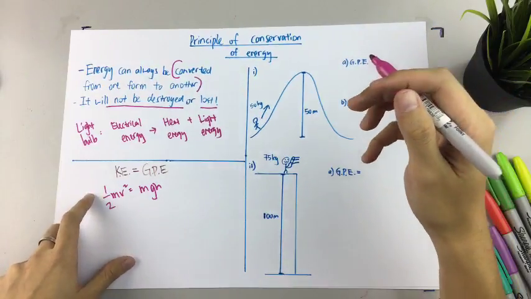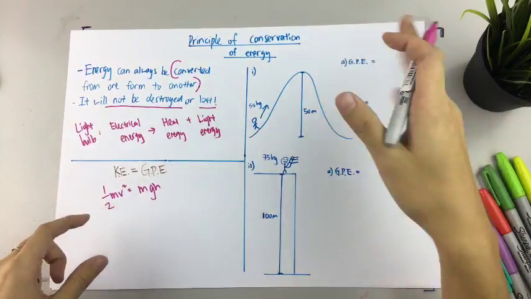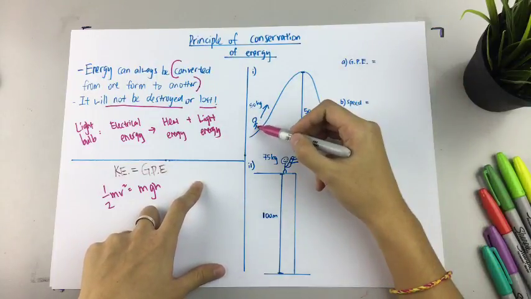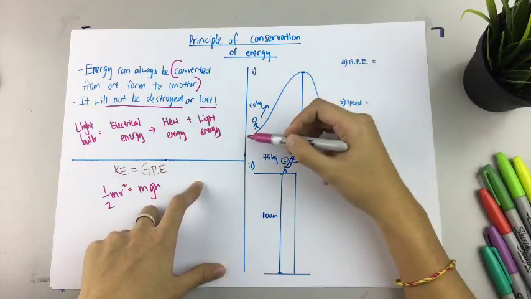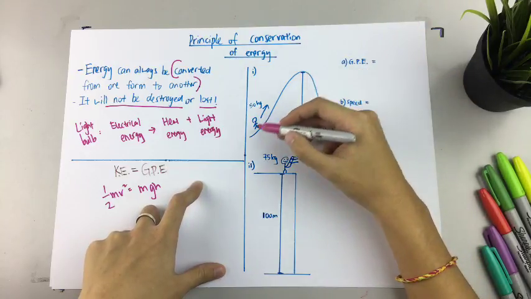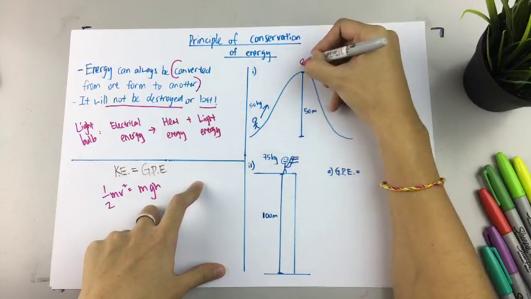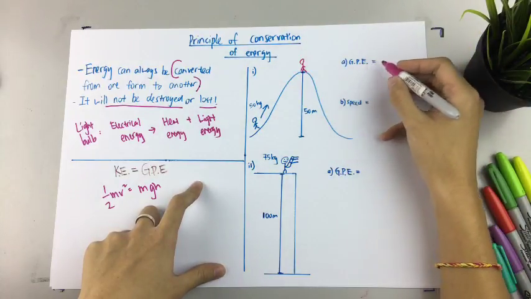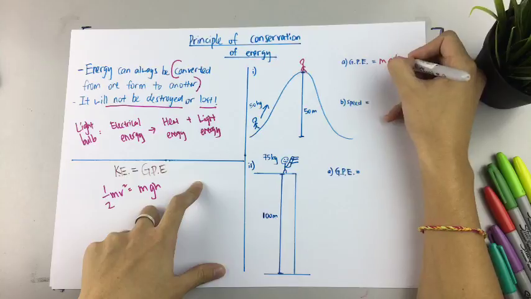The example question they always ask in the exam is something like this. If a person wants to go exercise, running up a hill of 50 meters, not that tall, but 50 meters, what is his gravitational potential energy when he is at the peak? The formula will be mgh.